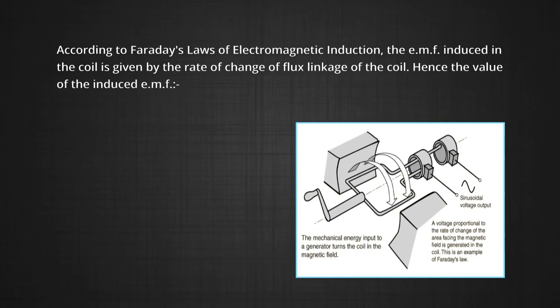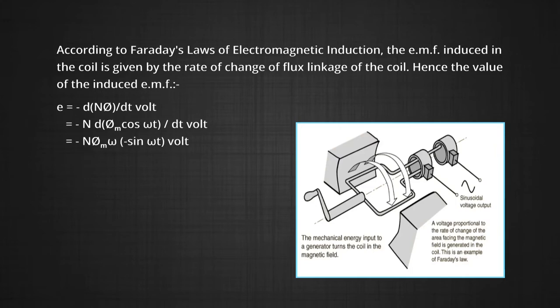As per Faraday's law of electromagnetic induction, the EMF induced in the coil is given by the rate of change of flux linkage, that is, the induced EMF E is equal to minus d by dt of N phi, which is minus N d by dt of phi m cos omega t, which is equal to minus N phi m omega times minus sin omega t, that is omega N phi m sin omega t, or we can write it as omega N phi m sin theta.